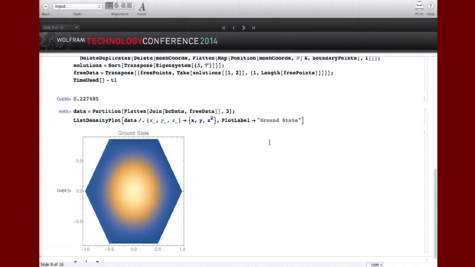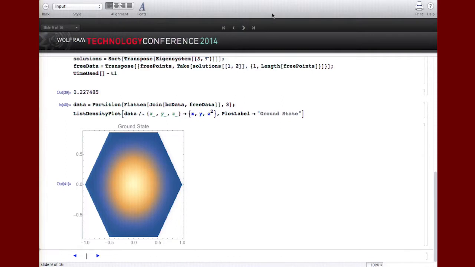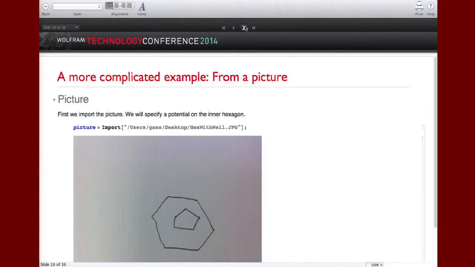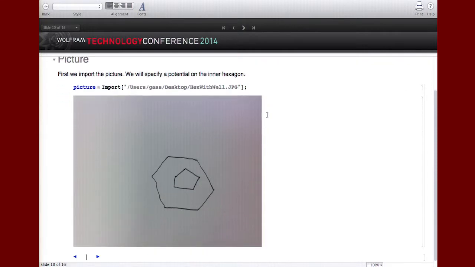for my hexagon. Now, actually, when they grow these nanowires, they're not really hexagonal. So could we do better? The ultimate goal is to do this from TEM, high resolution TEM pictures.